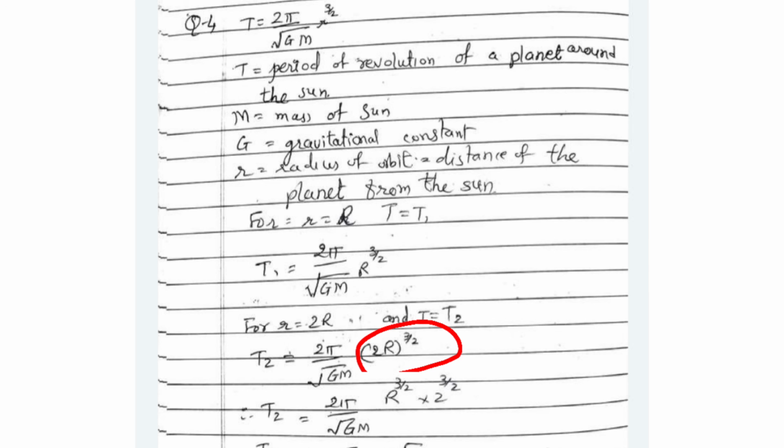What you will have is 2 raised to 3 upon 2 into R raised to 3 upon 2, right? It is like (ab) raised to m, that is a raised to m into b raised to m. So I did 2 raised to 3 upon 2 and R raised to 3 upon 2. Is this part clear?